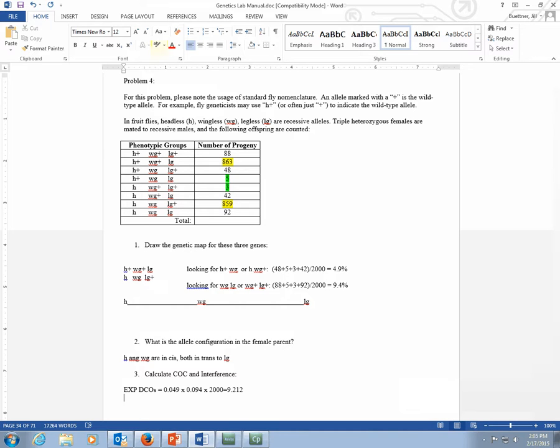So your COC is your observed, we had 8, divided by your expected, and that's going to be 0.868, so a pretty high coefficient of coincidence, and your interference is low, only 0.132.